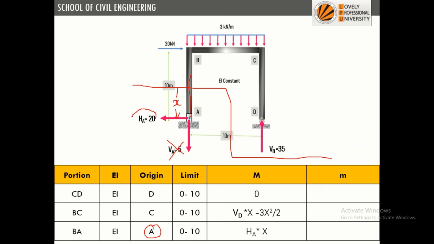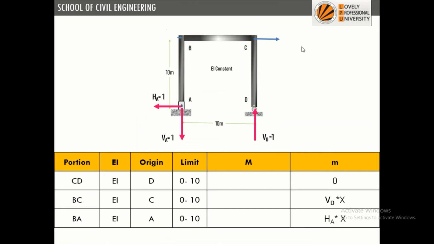So the moment will be HA into x. What is the nature? Is it sagging or hogging? The observer will stand inside the frame, and what he sees is that because of this horizontal force, the member will bend like this. For him this is sagging, so we'll consider it as positive.